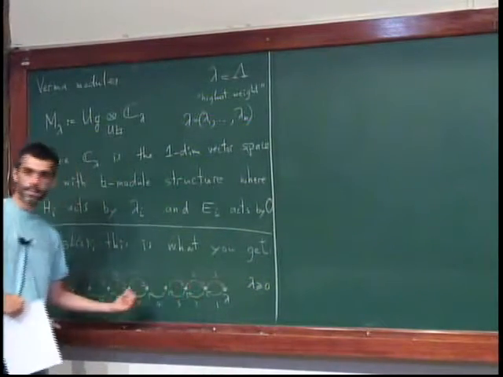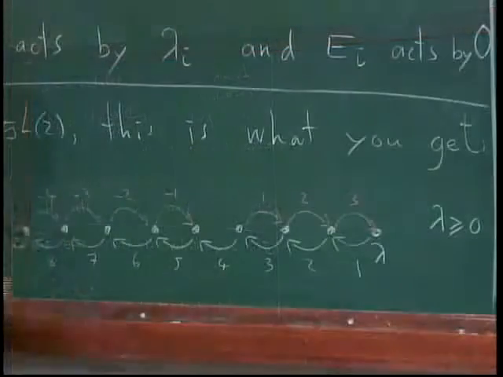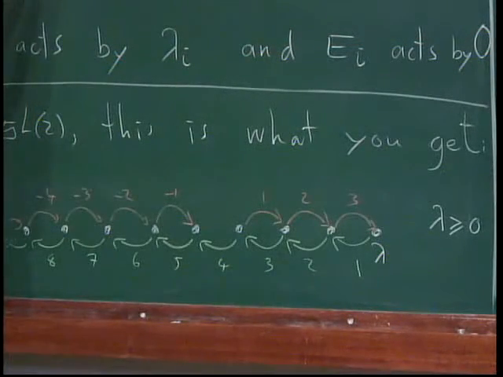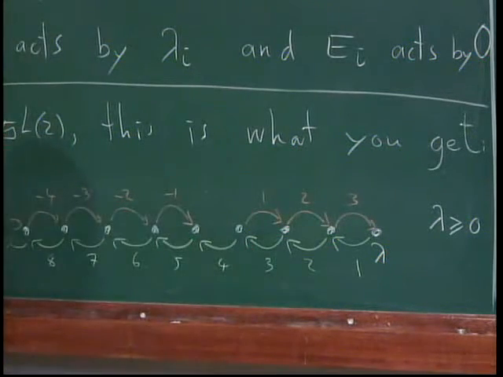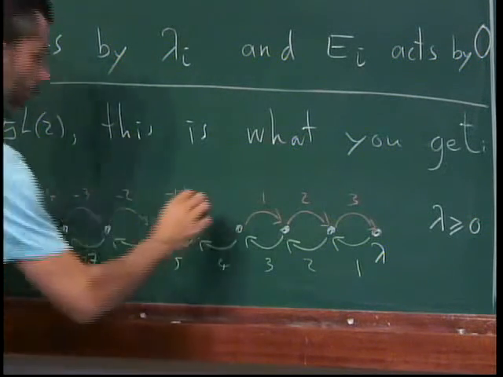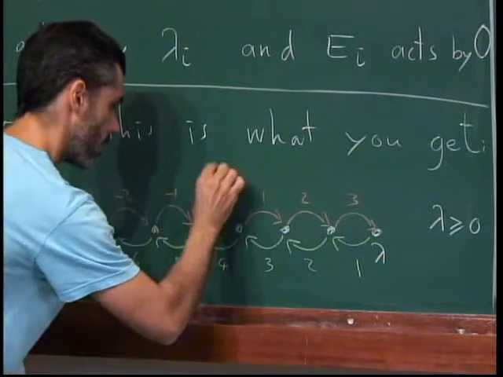If lambda is negative, you can still make the same definition, and what you will get is the same picture except that there's no gap. So you get something that continues all the way to infinity, and there's no way of extracting a finite dimensional piece from it. But here there's a gap. That's important.